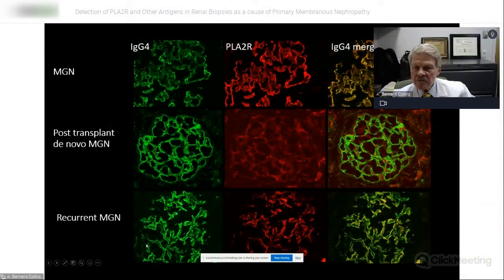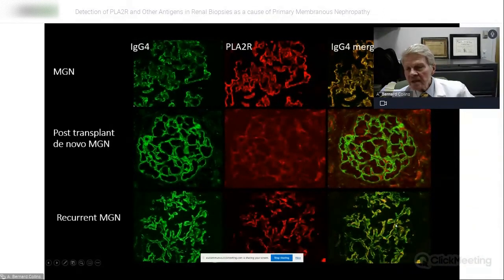In contrast, in recurrent membranous there is bright granular staining in the GBM, prominent staining in the GBM for the PLA2R antigen, and when you merge, you have a mixture. There's yellow and there's green. That's probably related to the time course at which this biopsy was performed.